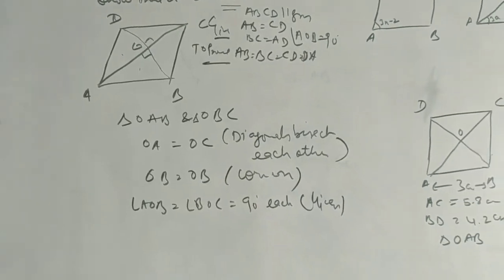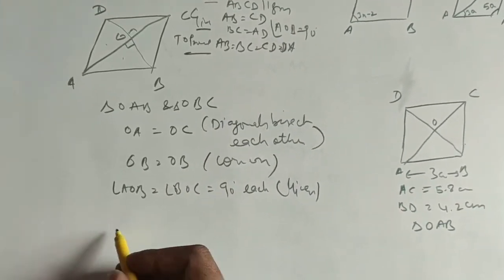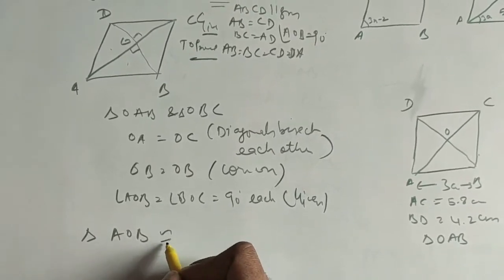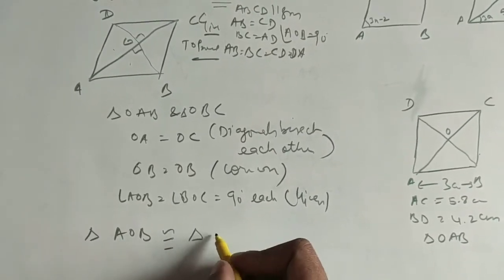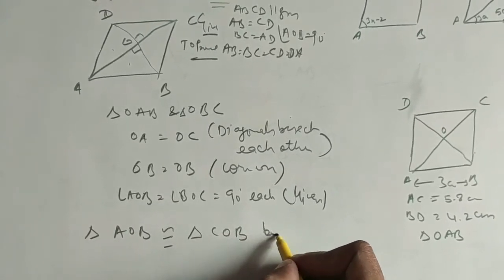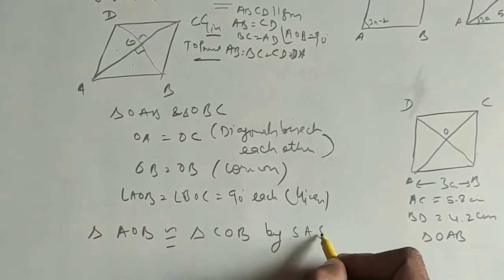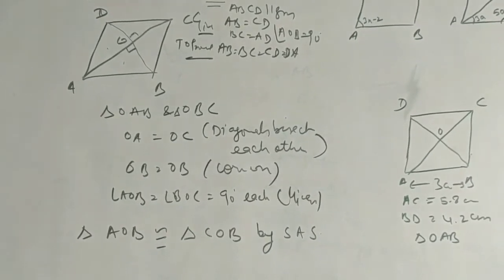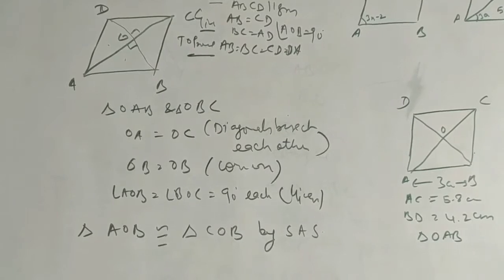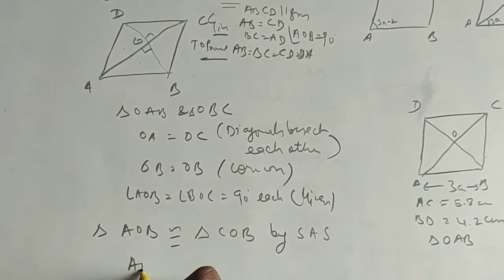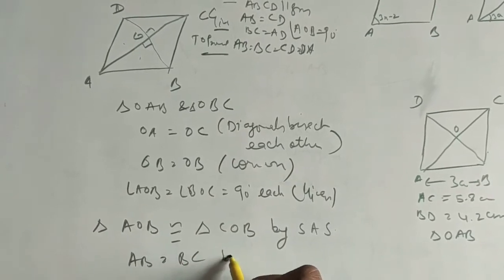So both the triangles are congruent by SAS. Triangle AOB is congruent to triangle COB by side angle side. And by CPCT, AB will be equal to BC.